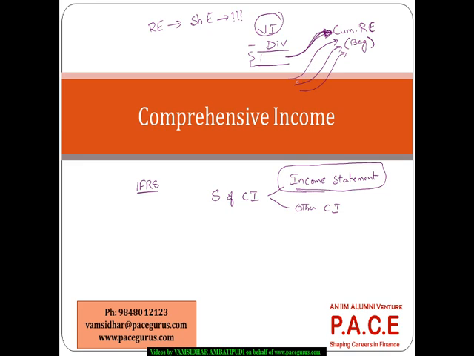But there are various other things that update the shareholders' equity, bypassing the income statement. Those things go as a part of other comprehensive income, which means there are a set of things that update the shareholders' equity in the balance sheet.